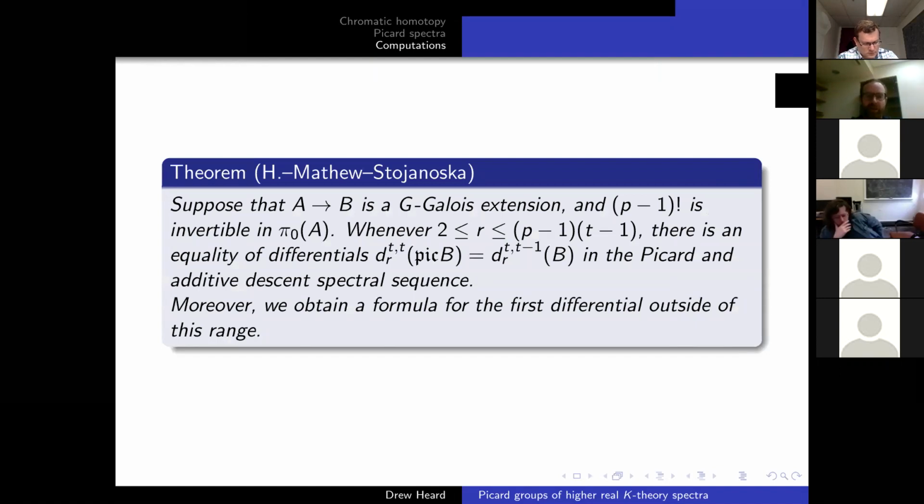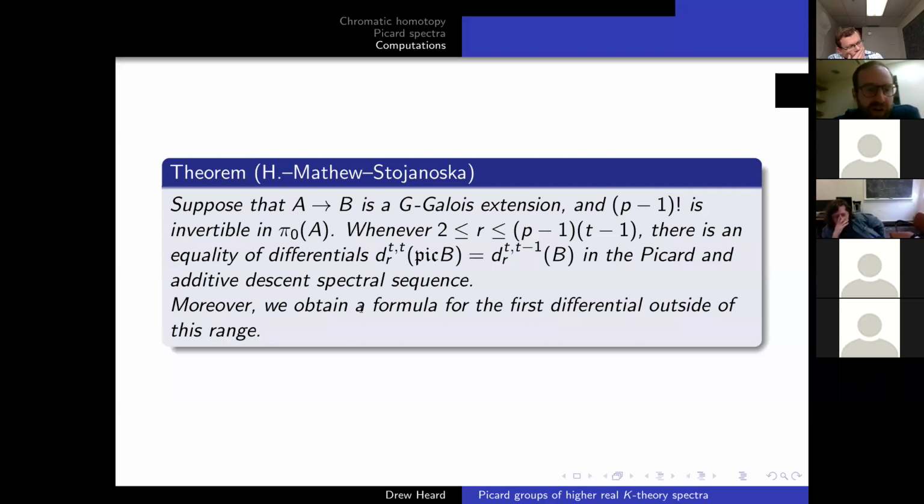If you have a Galois extension where p minus 1 factorial is invertible in pi naught, then there is a certain range where you can import the differentials from the ordinary homotopy fixed point spectral sequence into the Picard spectral sequence, and we obtain a formula for the first differential outside this range.